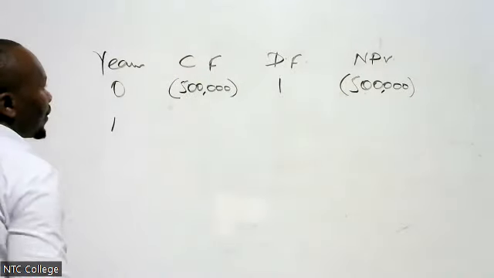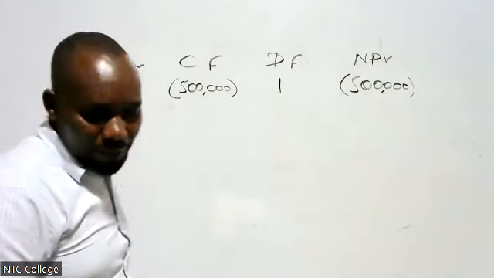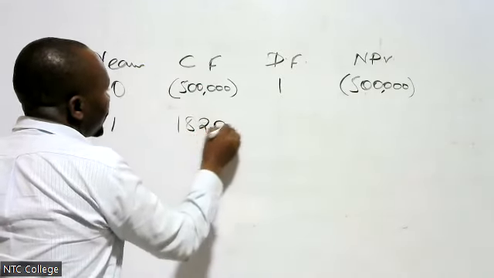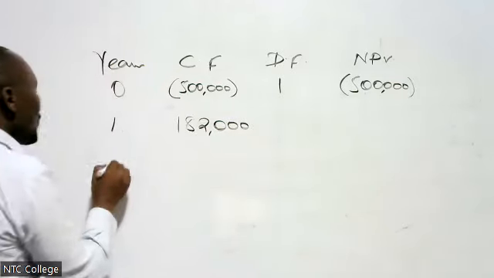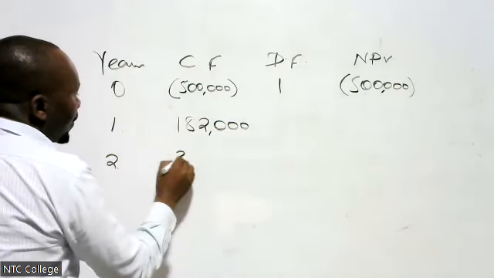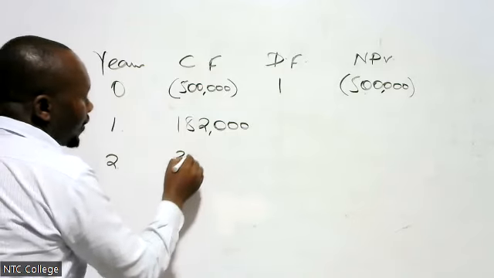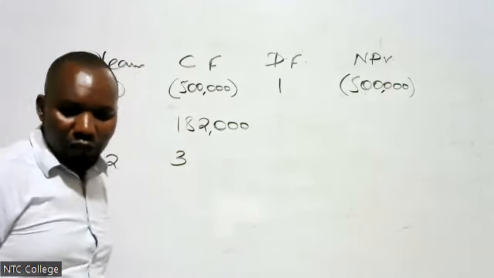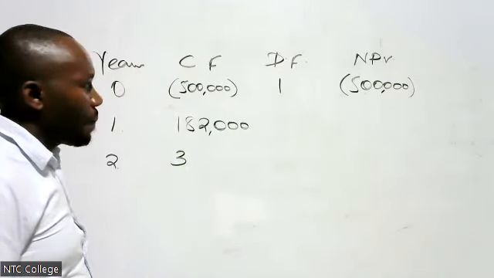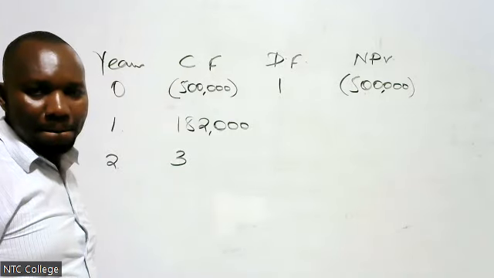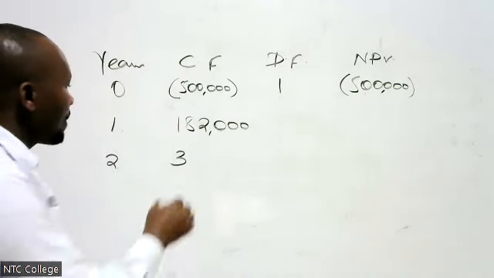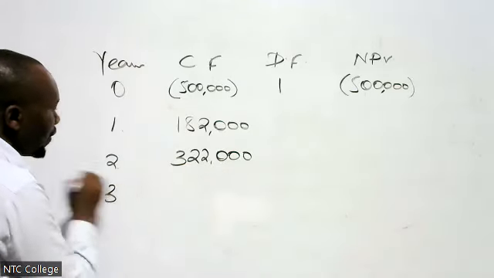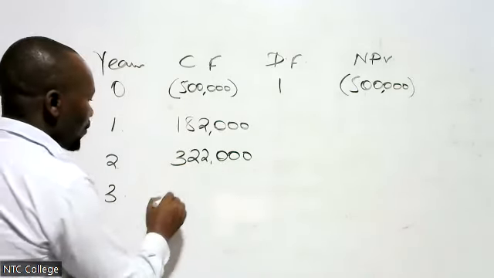In year 1, our cash flow was how much? 182. In year 2, our cash flow was 322. Give me the cash flow for year 2. 322. And then year 3, the cash flow is now 462.